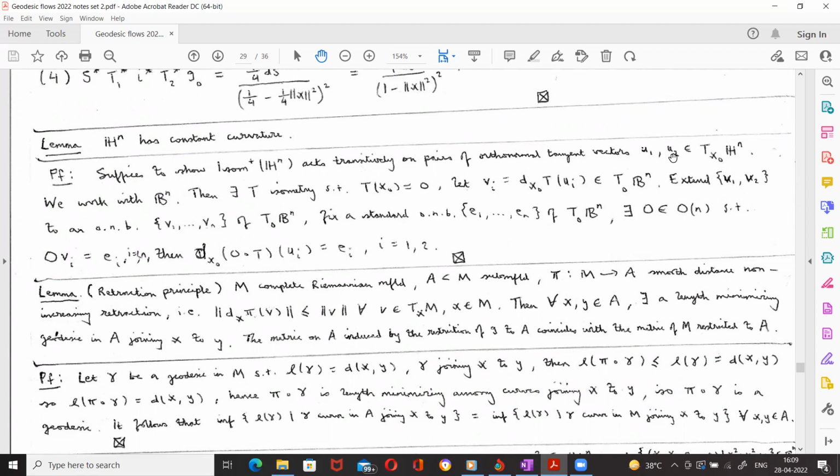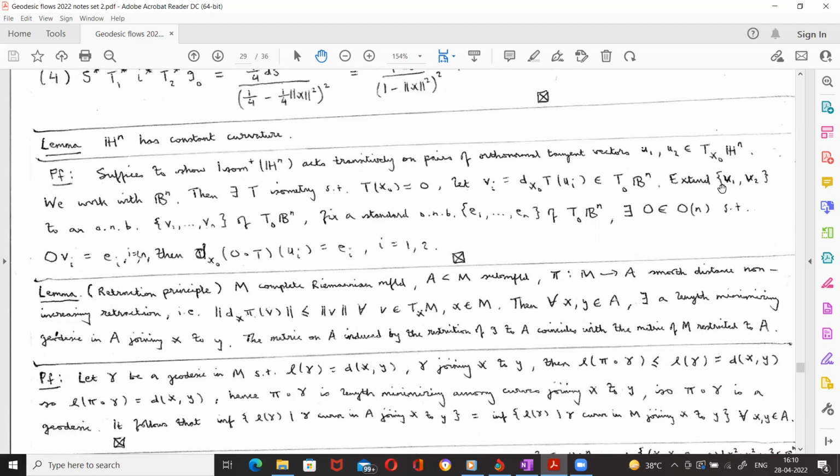So first of all, I know that we act transitively on points. So we work in the ball model, and we can send the base point of these two vectors, x naught, to the origin. Then these two tangent vectors, under the derivative of the isometry, go to two orthonormal tangent vectors at the origin.